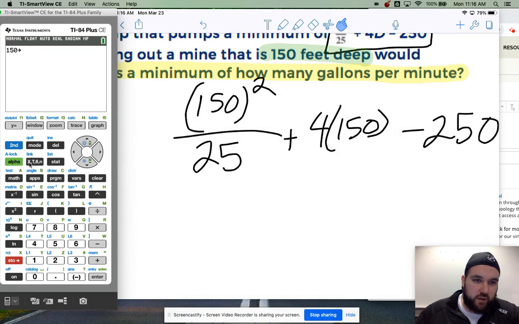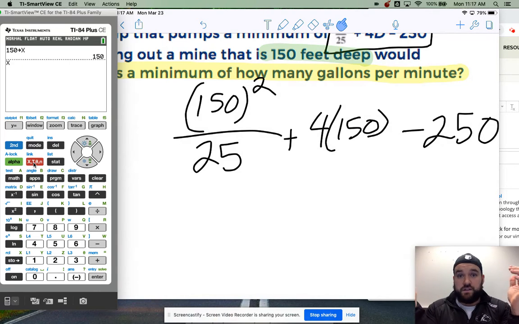This button right next to the alpha key has X, comma, T, comma, all this stuff. Basically just means the variable button. And then if I hit enter, now anytime I click this button, the calculator will put 150 in parentheses for me so I don't have to type all that.